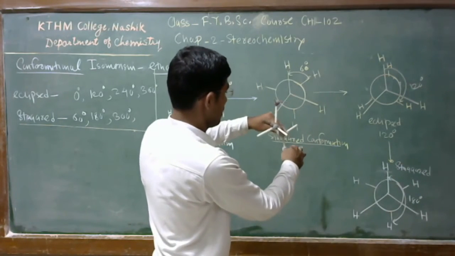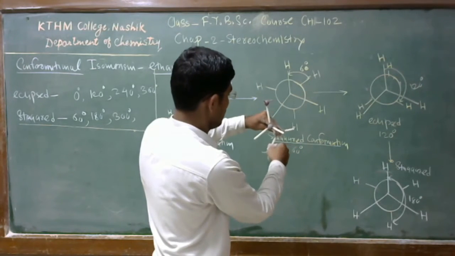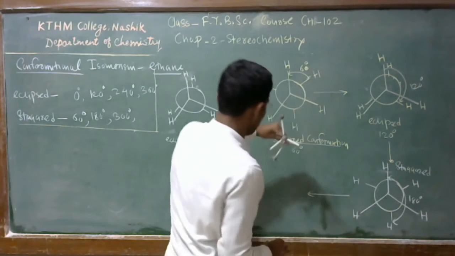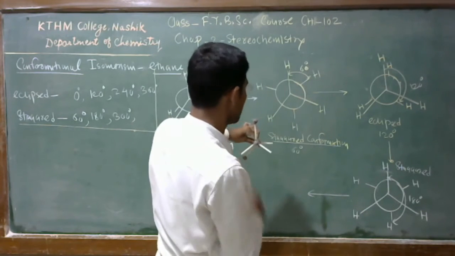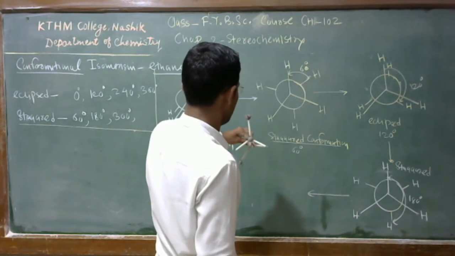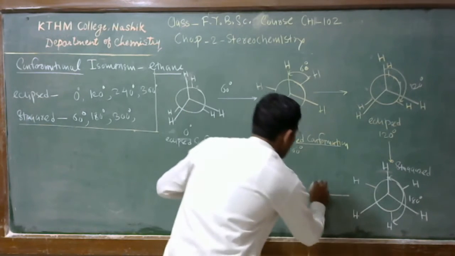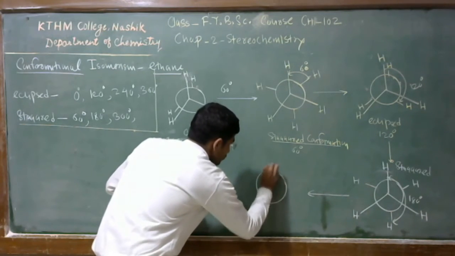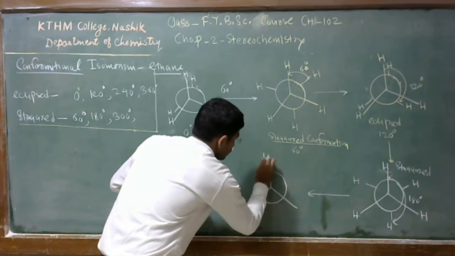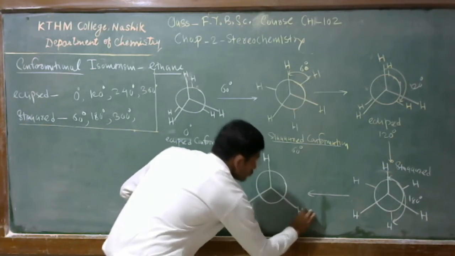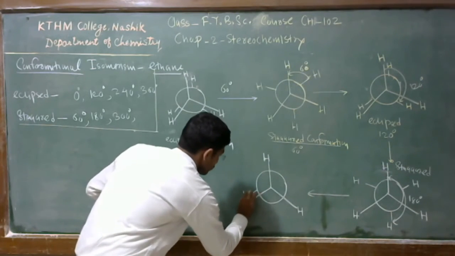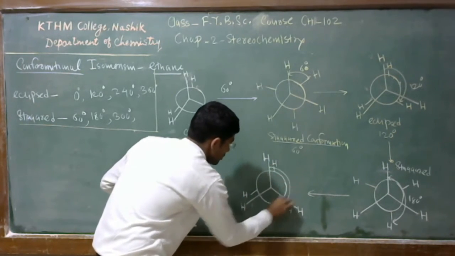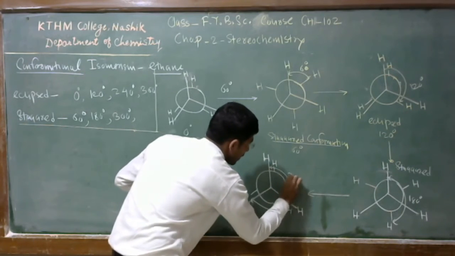Again angle 60. Overall it becomes 240. That is nothing but which conformation? Eclipse conformation. Angle 240. So this becomes overall 240 degree angle.